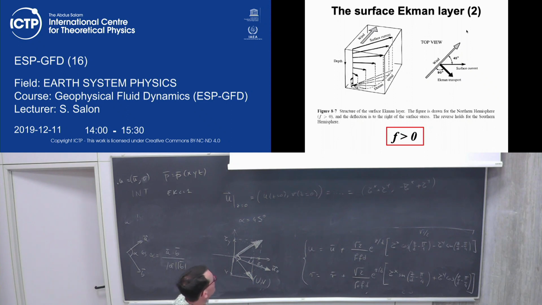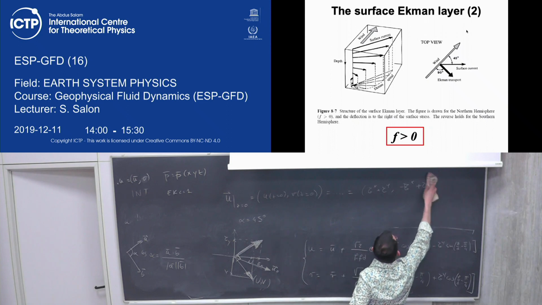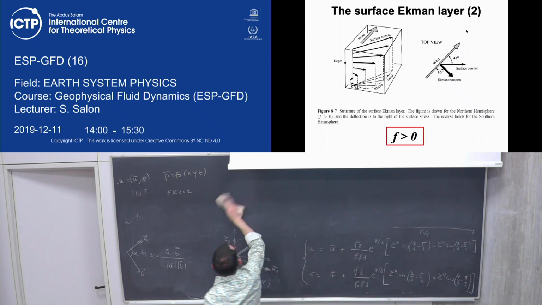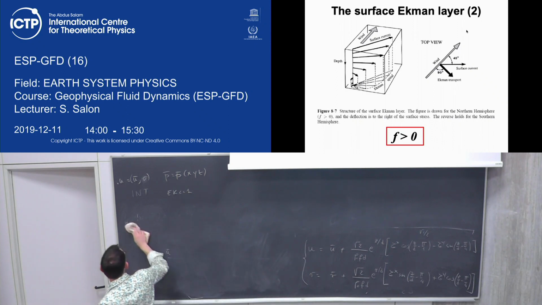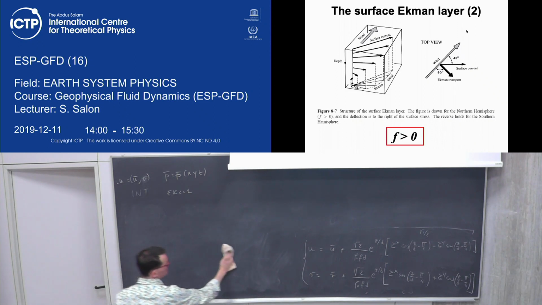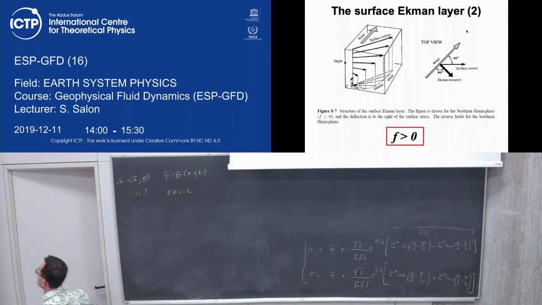So again, we can calculate the divergence of the transport, because this is very important. Before, we found that the divergence of the transport is dependent on the vertical velocity in the geostrophic interior.